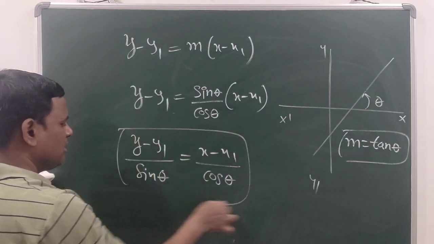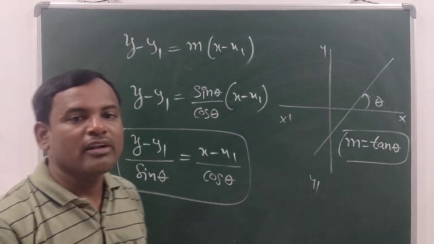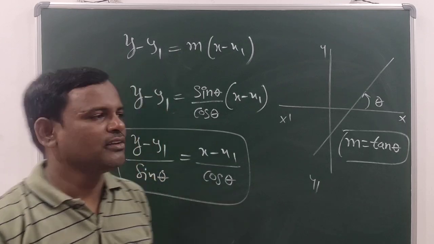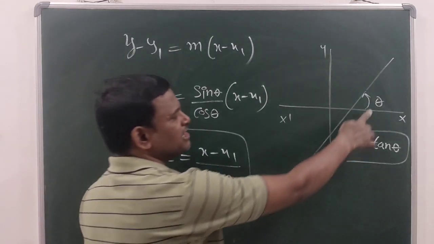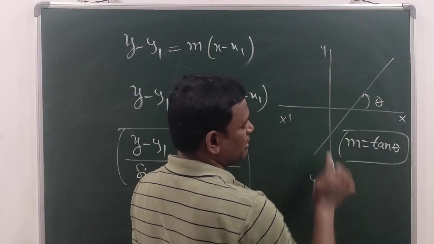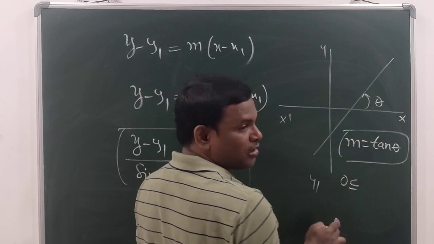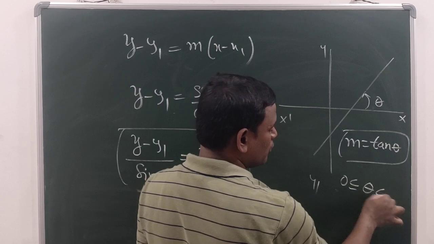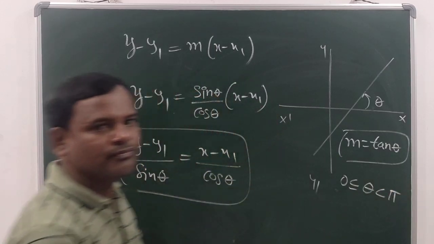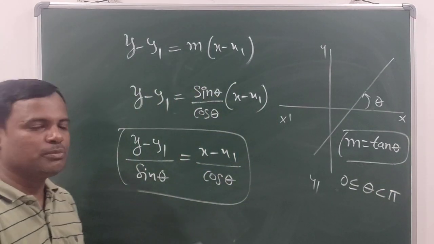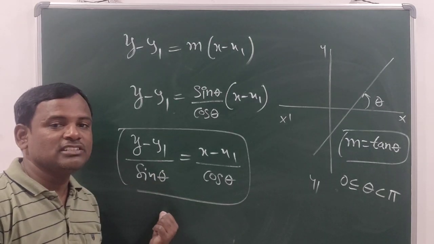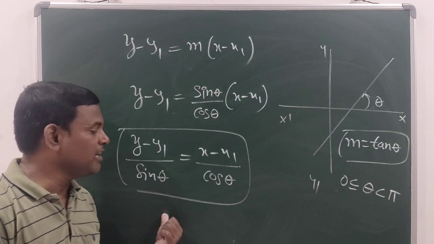Now students, this is known as the normal form of a straight line. The inclination theta should be in the interval 0 to pi, with pi open. This is the symmetric form of a straight line.